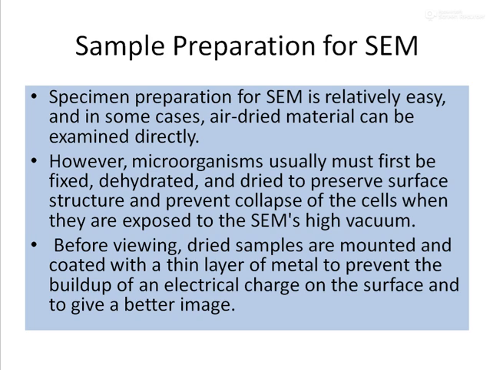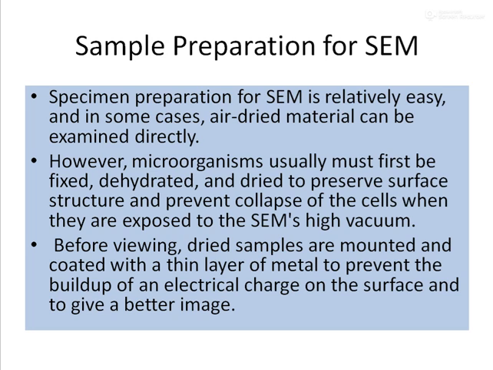But microorganisms must first be fixed, dehydrated, and dried to preserve the surface structure and to prevent the collapse of the cells when they are exposed to the SEM's high vacuum. And before viewing, the dried samples are mounted and coated with a thin layer of metal to prevent the buildup of electrical charge on the surface and to get a better image.